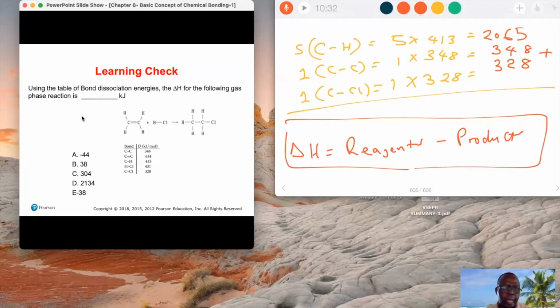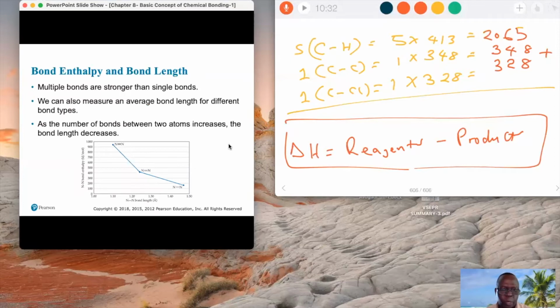A. Other than that, that is all I wanted to bring to your attention. The bond strength, we looked at that, double bond, triple bond, which is being reinforced in this slide, that a lot of energy is needed for a triple bond compared to a double bond, compared to a single bond. And of course, the bond length. A single bond is always longer than a triple bond.